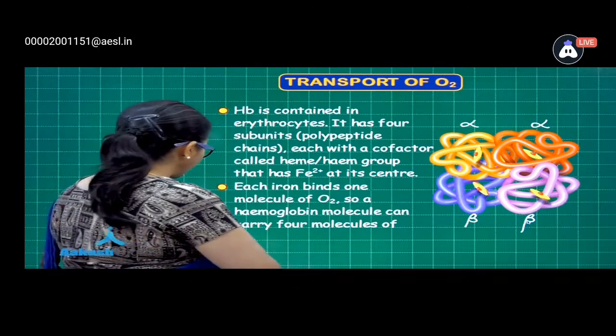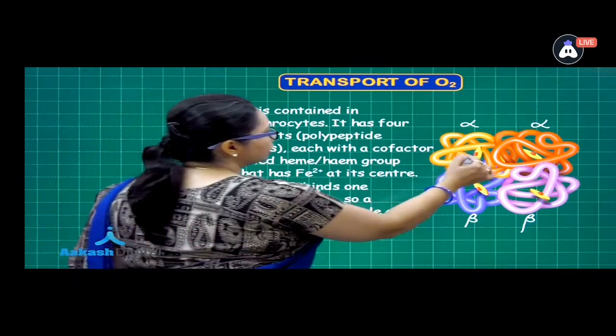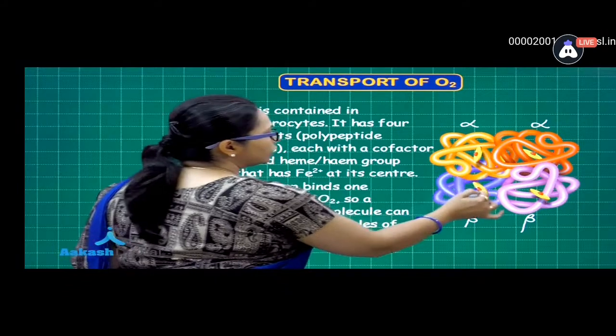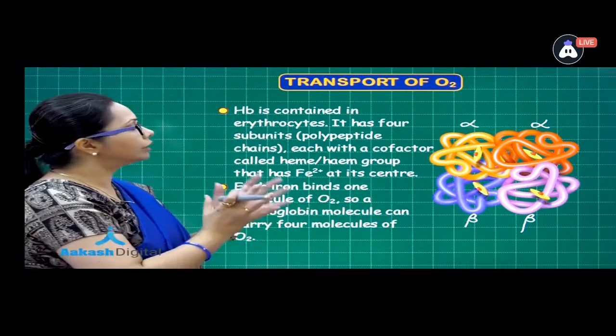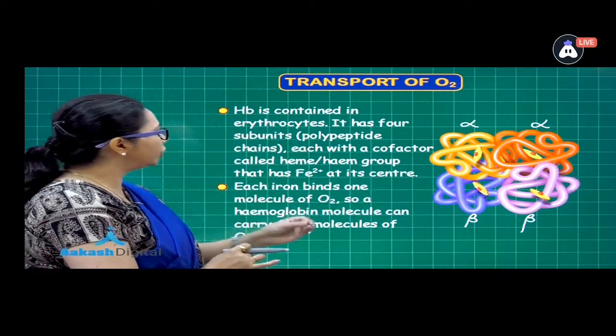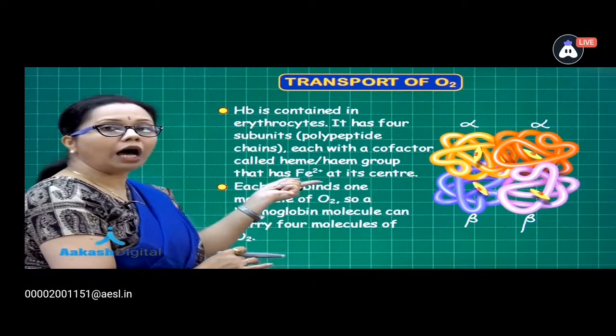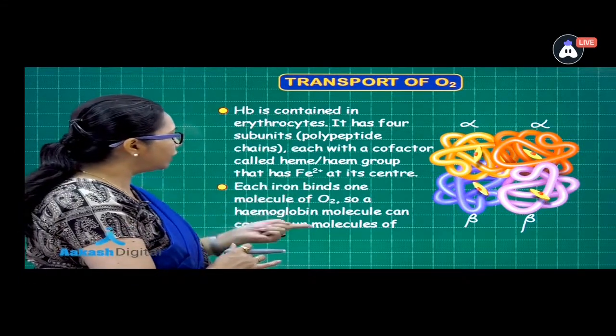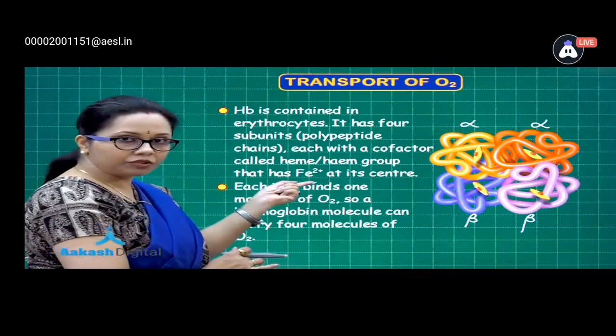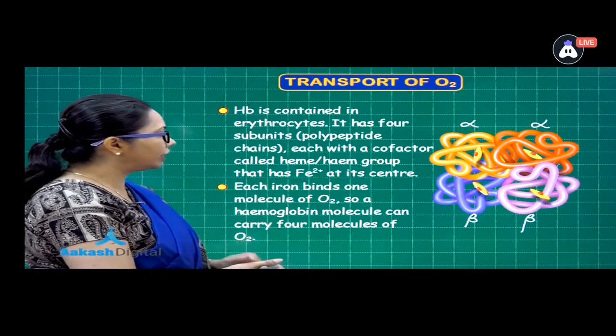That is being shown here in the center, and this is the heme porphyrin. This is an organic structure in which in the center there is one iron atom, and this iron is in the form of ferrous, Fe2+.